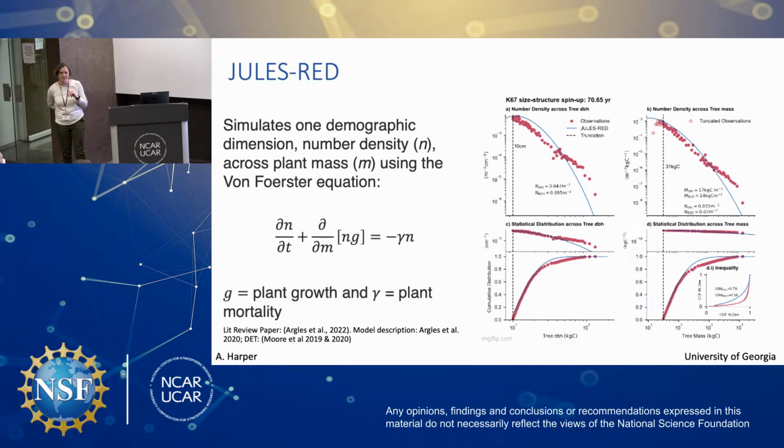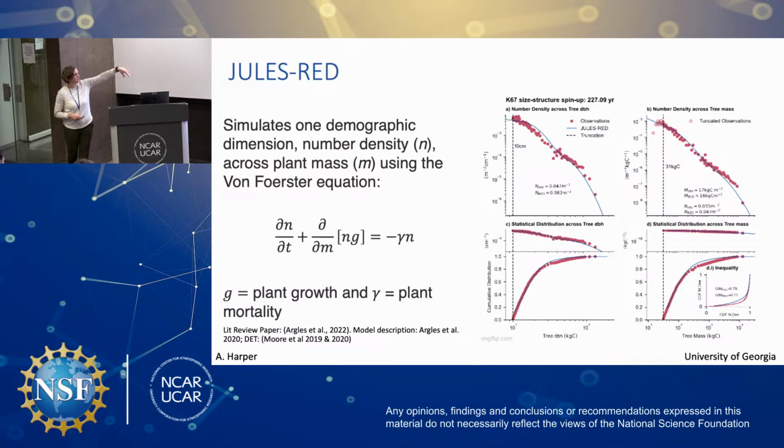From my understanding of FATES, it's a 2D cohort model, so it represents a cohort in terms of size and age since disturbance, and RED is a slight simplification of that, so it only represents the size, so mass classes over time.